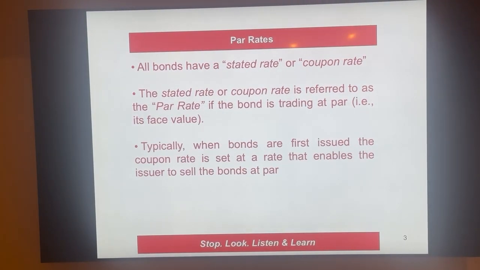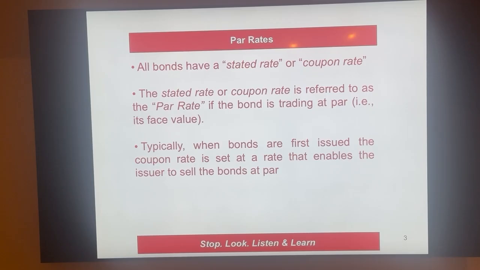So let's get started. What are par rates? Basically, all bonds have a stated rate or a coupon rate that's stated in the contract or the bond indenture, and that rate stays constant throughout the life of the bonds. The stated rate or the coupon rate is also referred to as the par rate if the bond is trading at par or its face value.